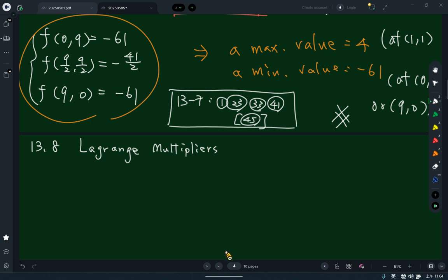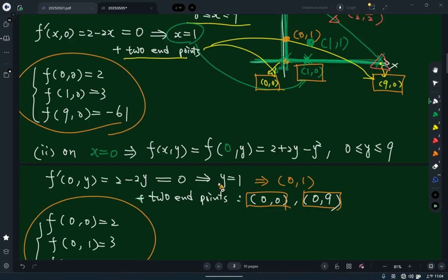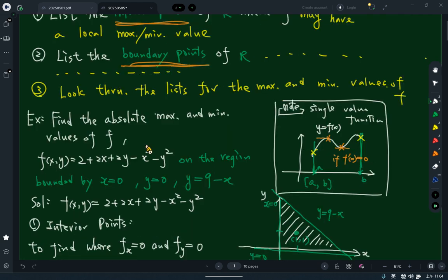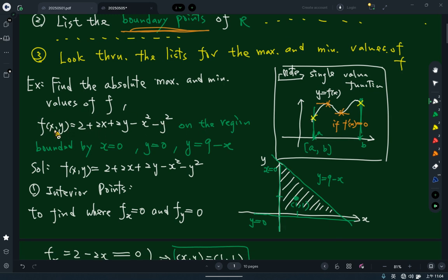Okay, then before that, I also want to show you that you can see for this case, I give you a function, right? I give you a function, then I give you a triangle, or even when you go back home, you take some exercise. I give you an example that this is a rectangle, this is a triangle, but the boundary is a straight line. For this case, there are 3 straight lines for this boundary region.